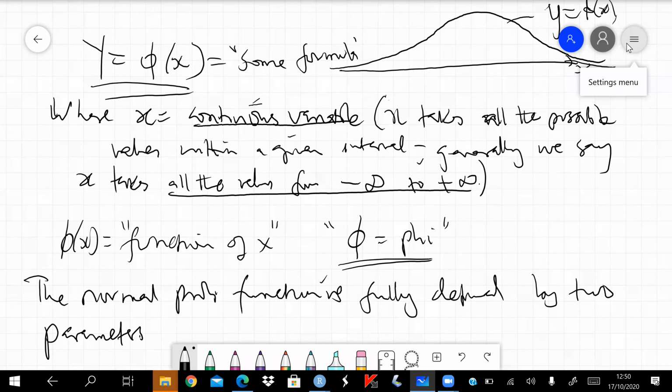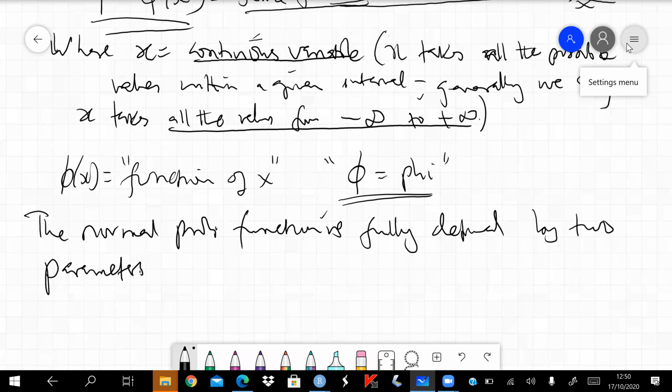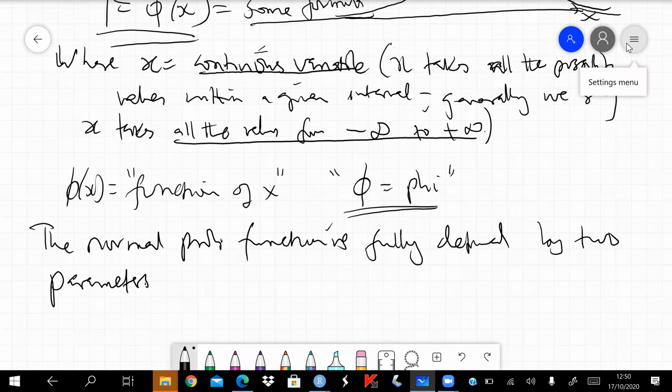We shall not define the specific formula in this class. When x is known, this formula is fully defined when two parameters are given or estimated, that is mu and sigma.